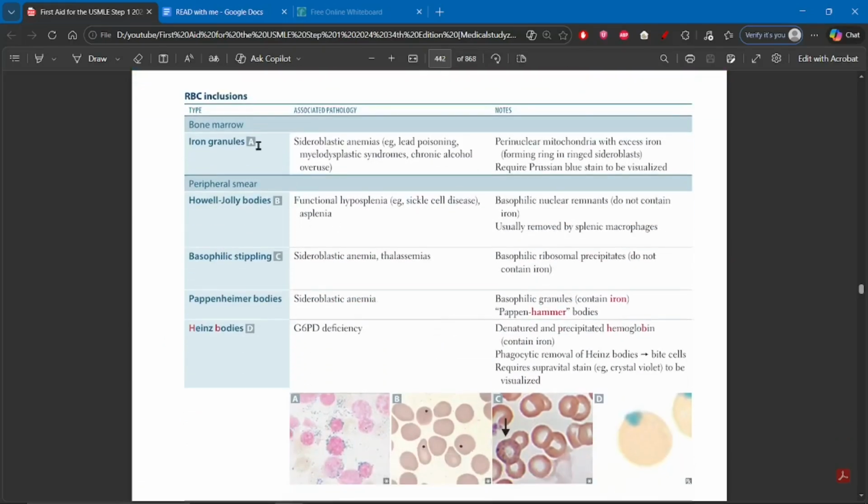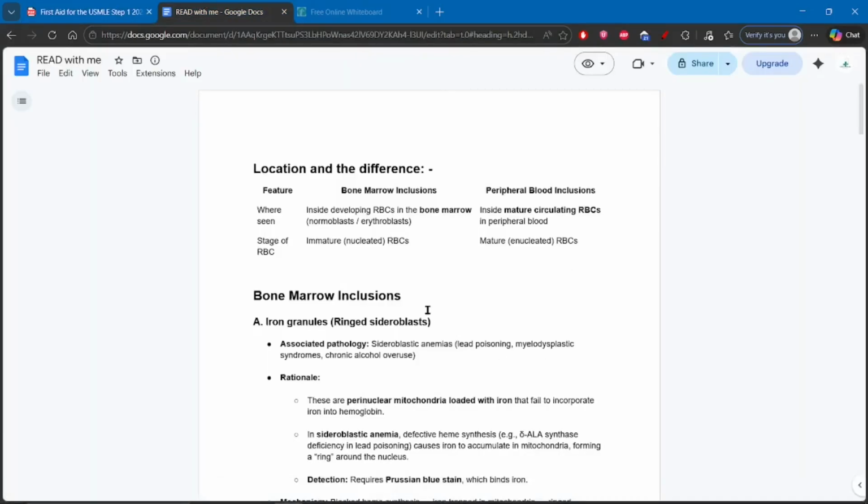Now we're going to be looking at RBC inclusions. First of all, you need to understand that the types of RBC inclusions are basically divided into bone marrow and peripheral blood. Bone marrow inclusions are when you are taking a sample from the bone marrow, that is where you're going to see those inclusions.